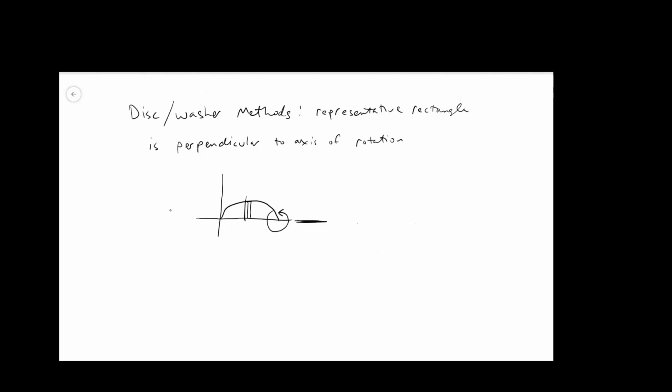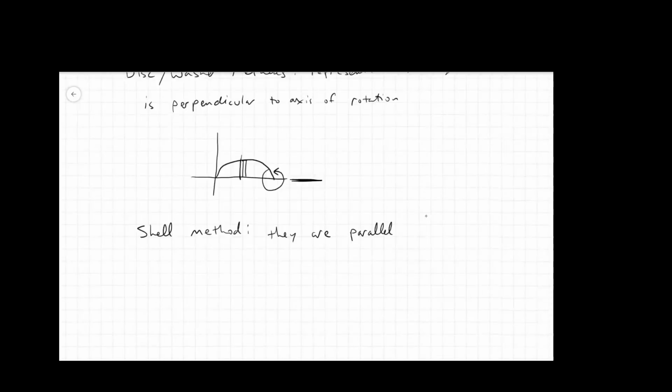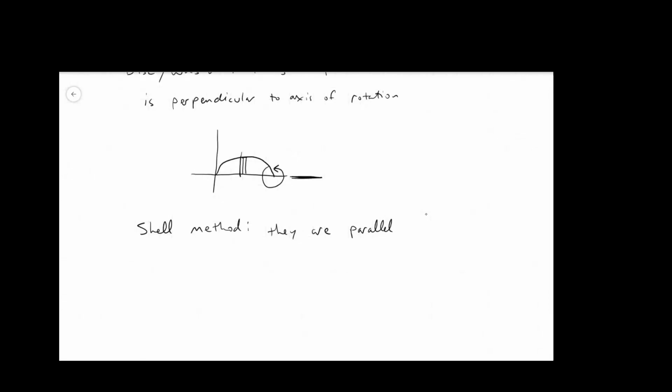For the shell method, they are parallel to each other. The representative rectangle and the axis of rotation are parallel. And so you can see that that would work for functions that are defined the other way.